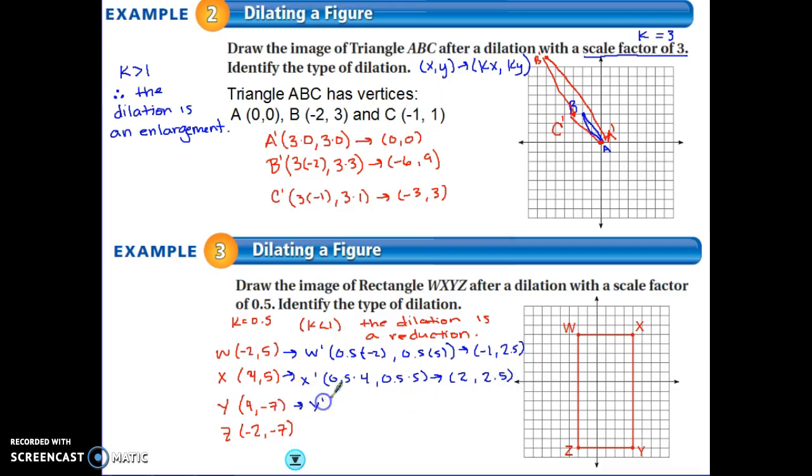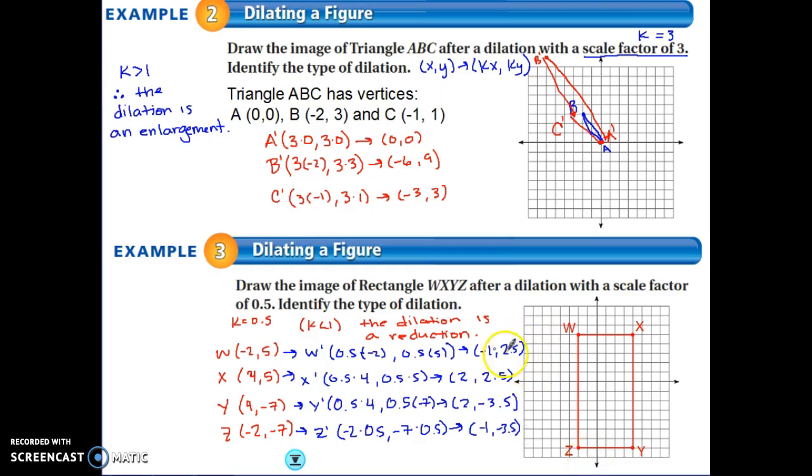Y prime is 0.5 times 4 and 0.5 times -7, which becomes 2 and -3.5. And lastly, Z prime is -2 times 0.5 and -7 times 0.5, giving me a new coordinate of -1 and -3.5.